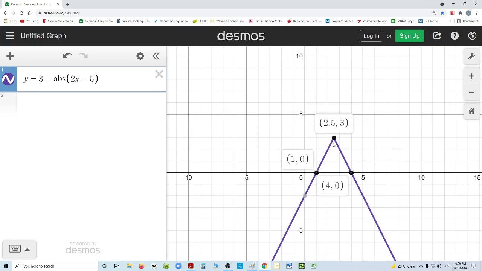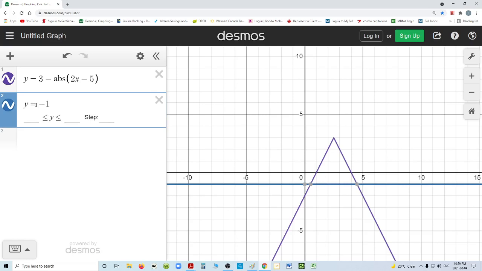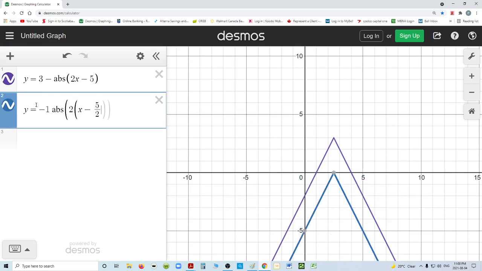And there's the vertex just as predicted, and there's some of the points that we predicted. And that's what it looks like. Notice even if I write it in the correct order, and the correct factoring, that it's the same graph.